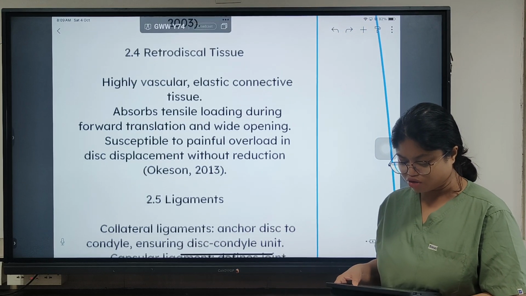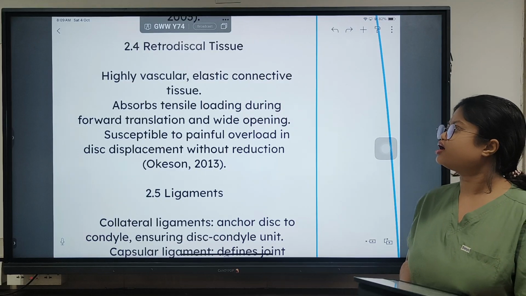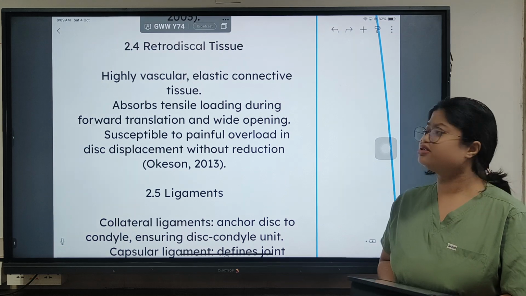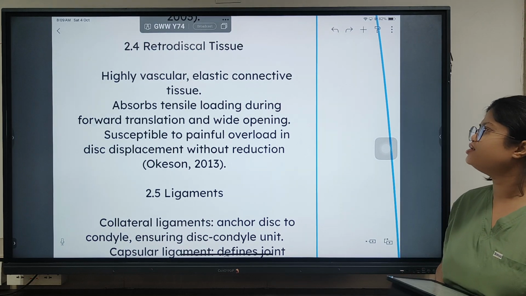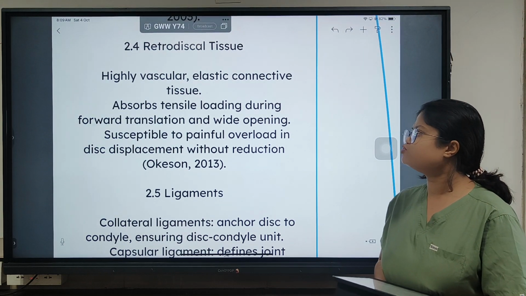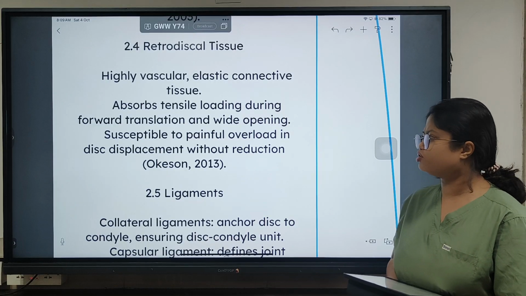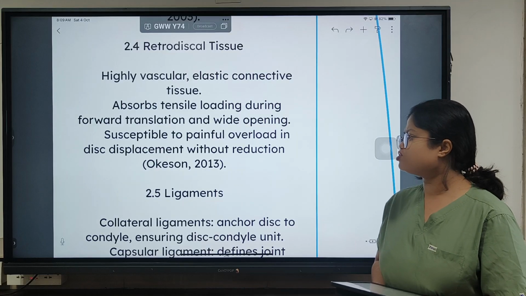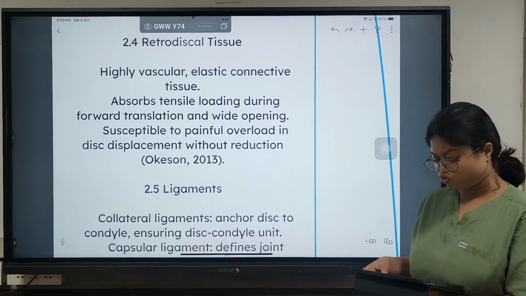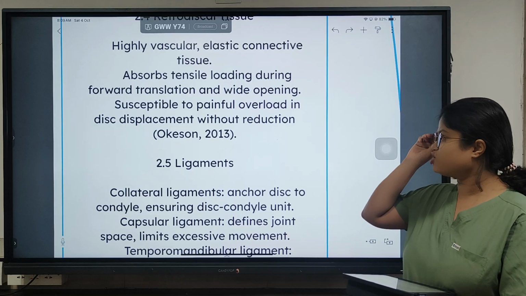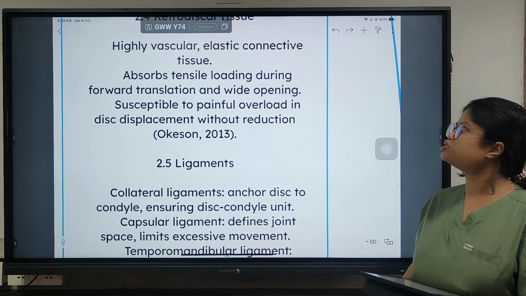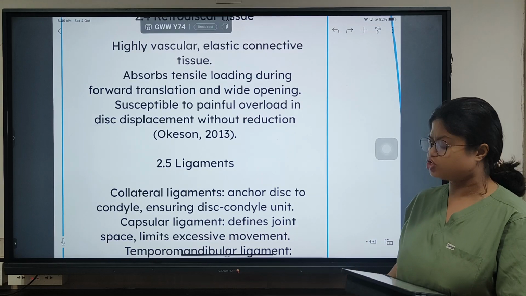And the retrodiscal tissue is highly vascular, elastic connective tissue, and because of this vascularity and elasticity, it absorbs tensile loading during forward translation and while opening. It is susceptible to painful overload in disc displacement without reduction. So when we treat disc displacement without reduction, we have to consider the vascularity and elastic connective tissue recovery.